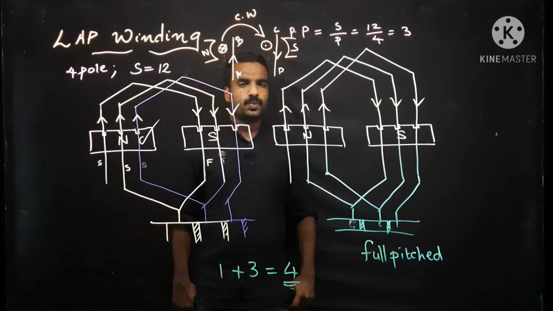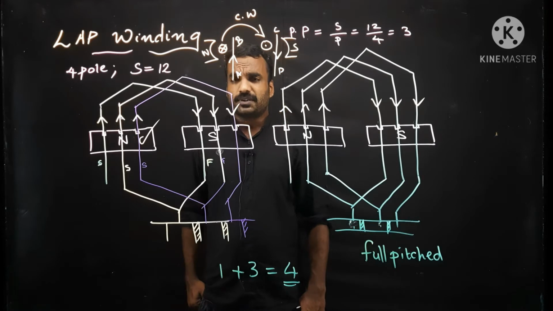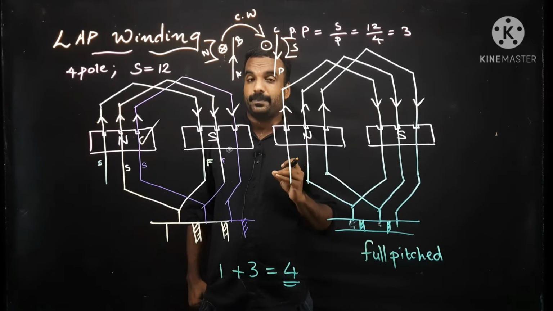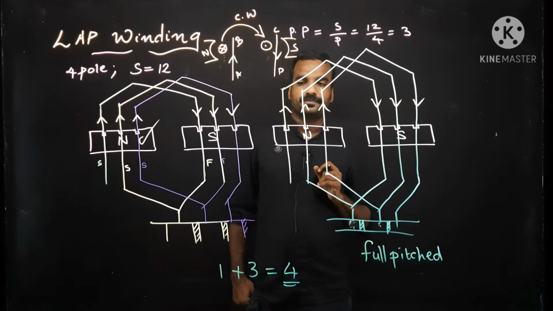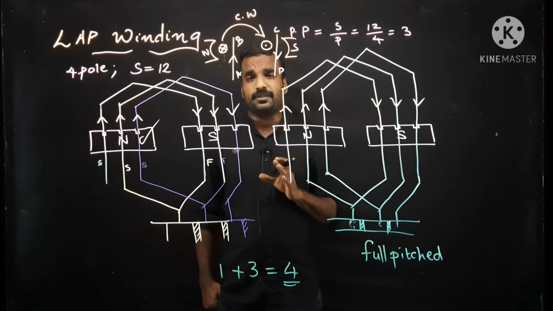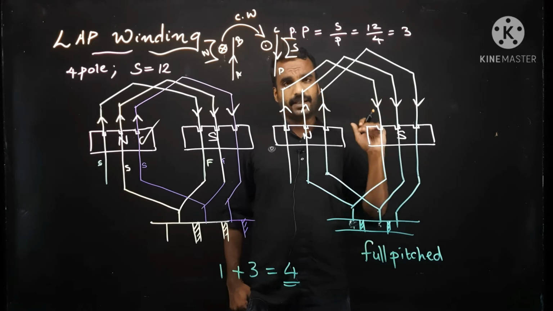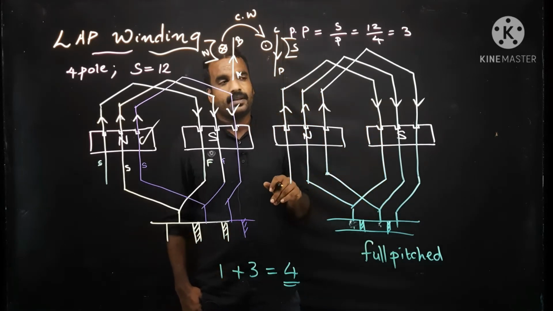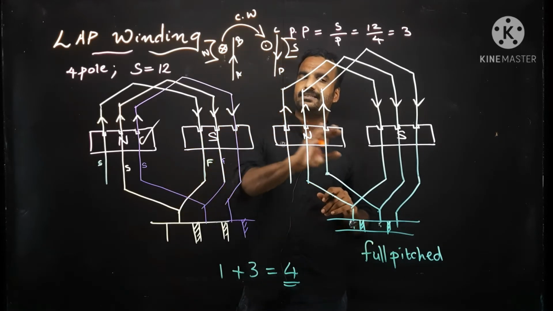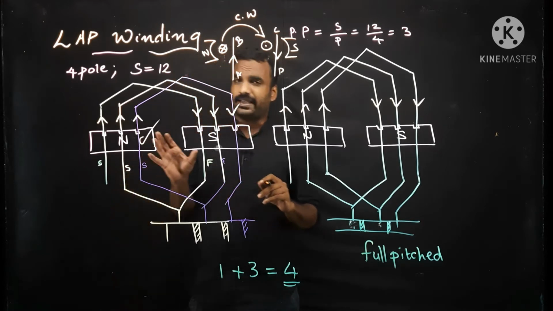Now an important conclusion about parallel paths. For the time being, you cannot understand the exact concept of parallel path. For understanding that, you need to draw the complete winding diagram. That we will discuss later. Anyhow, for counting parallel paths from this form of basic diagram, I will tell you one easy method.